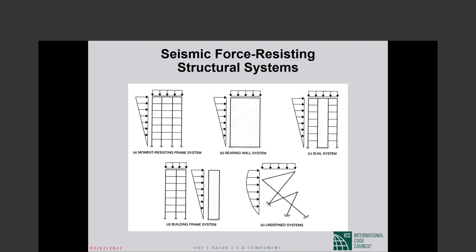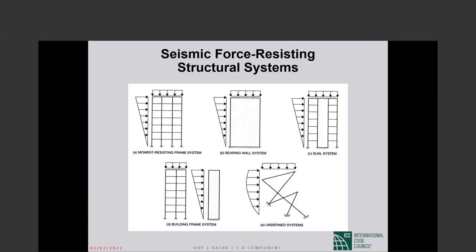Okay, whenever we use the term shear wall, we are talking about an element that carries gravity and in-plane lateral loads. Okay, so in a moment resisting frame system, the slab column or the beam column frames carry all the gravity and all the seismic forces with no walls doing anything for us.